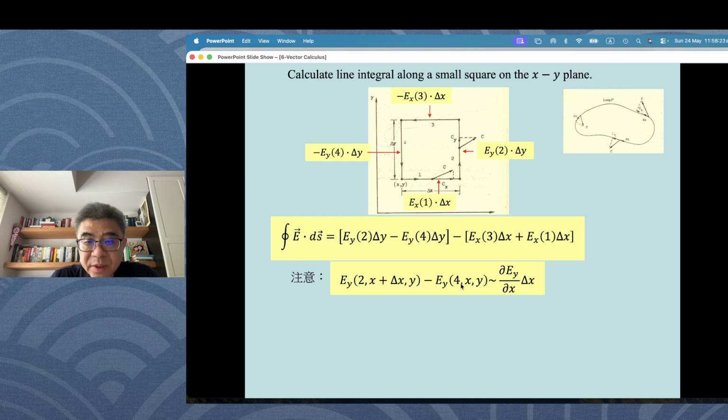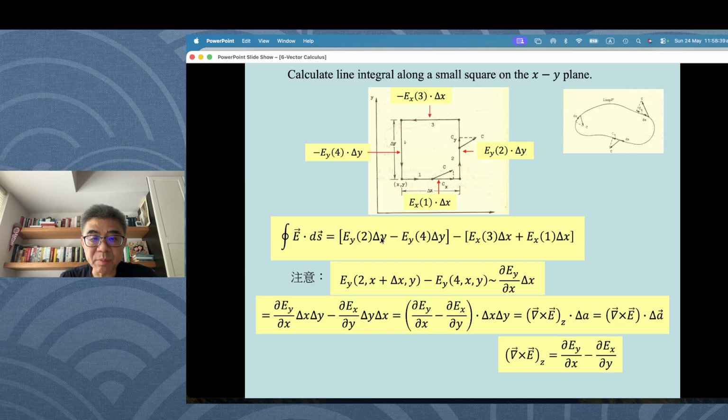Therefore, this derivative is actually a partial differentiation, or we call it a partial derivative. So it is E_y taking a partial derivative with respect to x times delta x, which will give you the first term, and then it times delta y. It becomes this, partial E_y partial x times delta x, that accounts for the difference of the function times delta y that exists in the original expression.